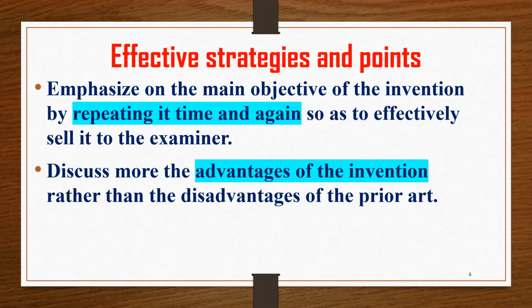Fine. The next point is discuss more the advantages of the invention rather than the disadvantages of the prior art. Now let me explain this by a common example from our day-to-day life. Suppose we are entering into a room where there is no light.